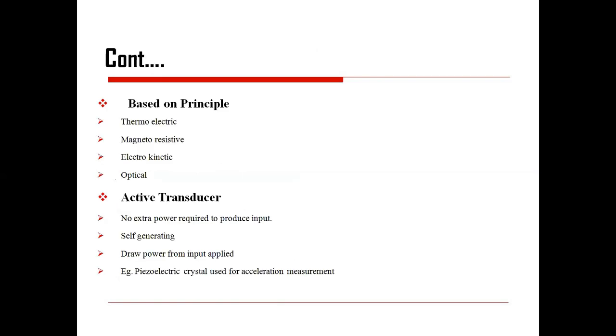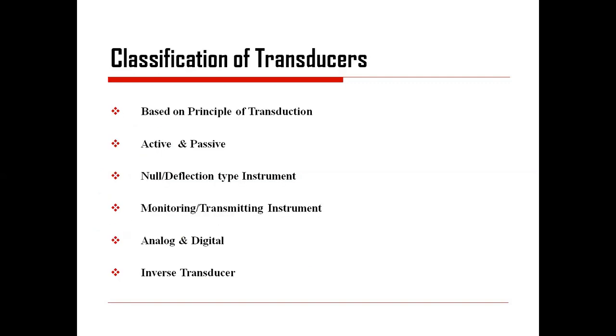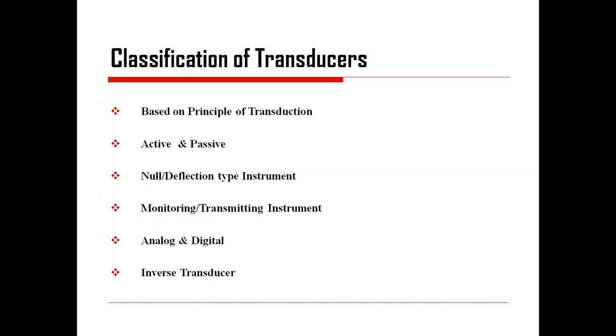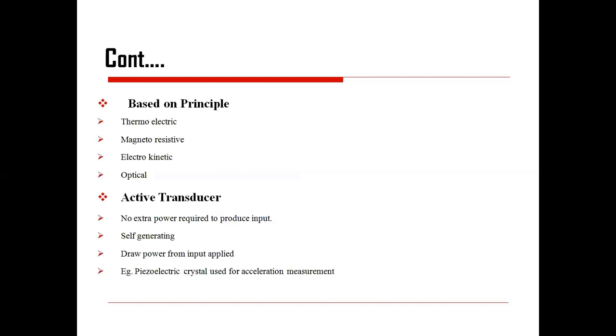Now, the first point which we have seen is based on the principle of transduction. Over here, thermoelectric or magnetoresistive, electrokinetic or optical, these are the means of transduction or transmission of the data.